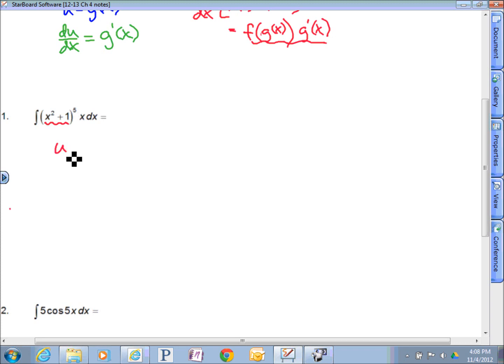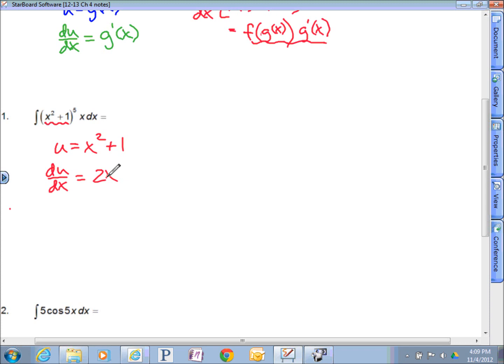So we're going to say u is equal to x squared plus 1. Now, what is the derivative of u with respect to x? du over dx would be 2x. Now, here's your challenge. If you're going to do an integration problem by substitution, your challenge, as quickly as you can do it, is to try to represent the problem using all u's and no x's.